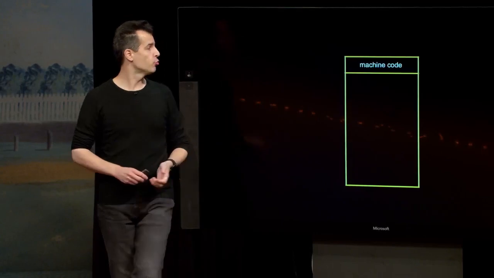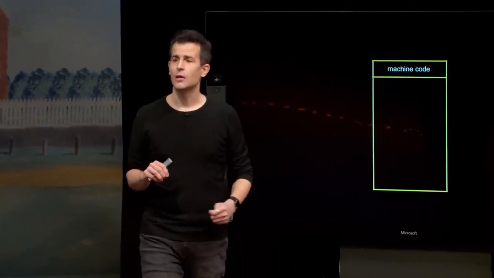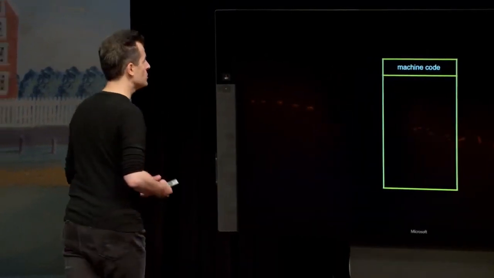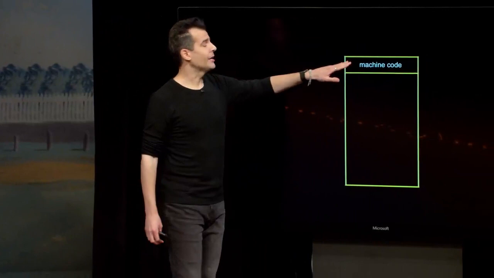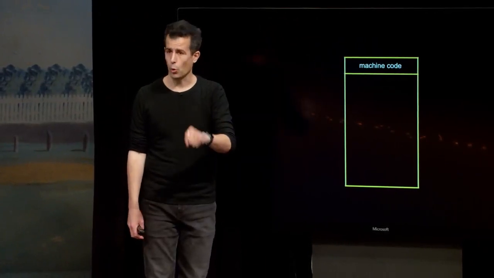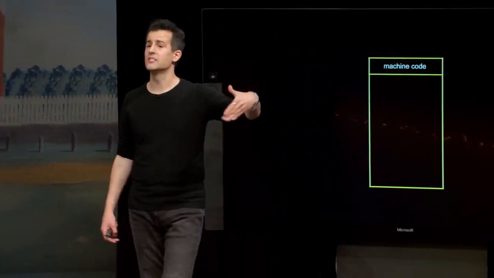For instance, when you run a program by doing ./something on CS50 IDE or on Linux more generally, or you double-click an icon on Mac OS or Windows, that triggers the program's zeros and ones stored on your hard drive to be loaded up here to what we'll call machine code, which again is the zeros and ones.